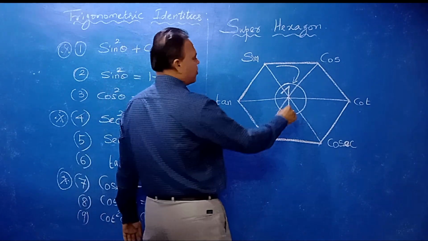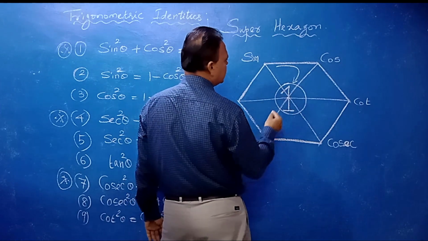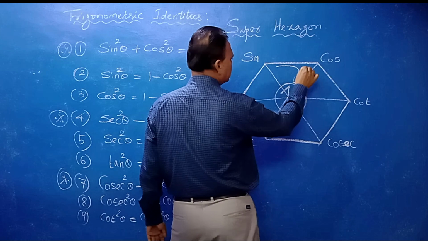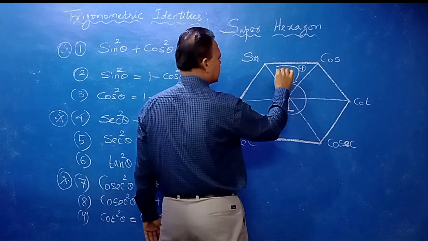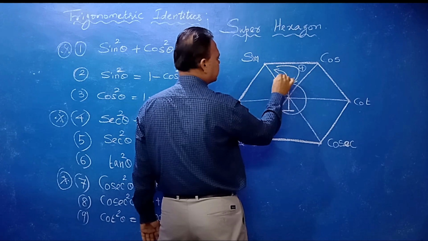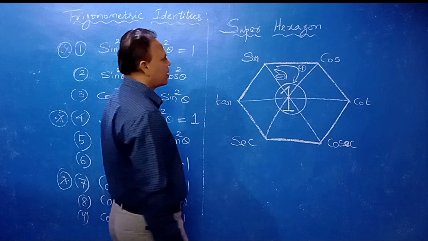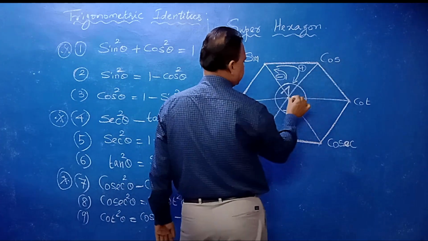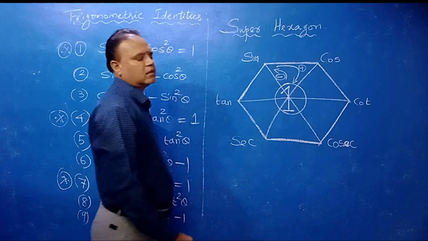So easy to remember. If you move this side, it is plus; if you move the other side, put minus. Sin square theta plus cos square theta is 1, and 1 minus cos square theta is sin square theta.